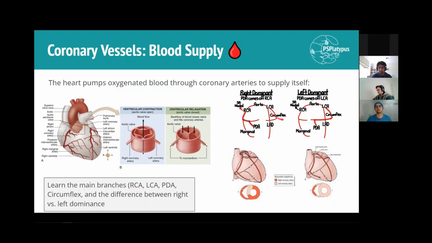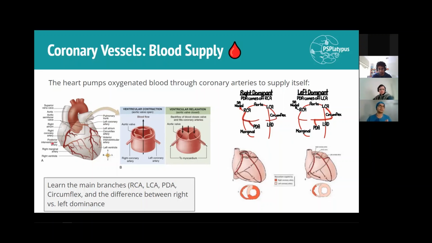But those are the main branches that you want to keep in mind. But probably the most important one to learn about is the posterior descending artery, which is not shown as well here because it looks like it's anterior, but in reality, it's a posterior artery. So you can see it probably better over here if they've labeled it, which I don't think.